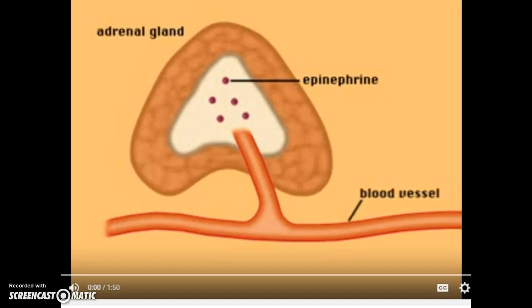So wherever its target cell is, which is very common with hormones, that they travel throughout the body and they're going to get a different response depending on the cell that they are stimulating. So in the case of epinephrine that you're going to see, it's going to have a specific response that varies according to the cell type that it's being received by.